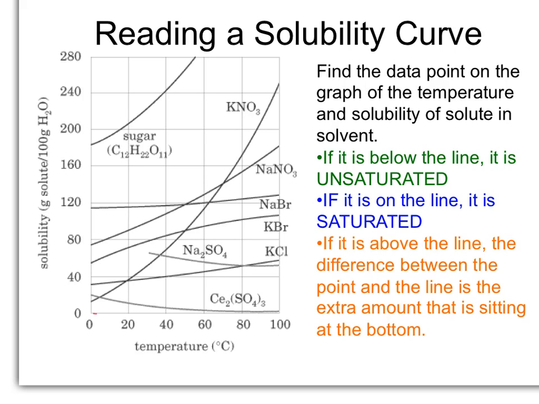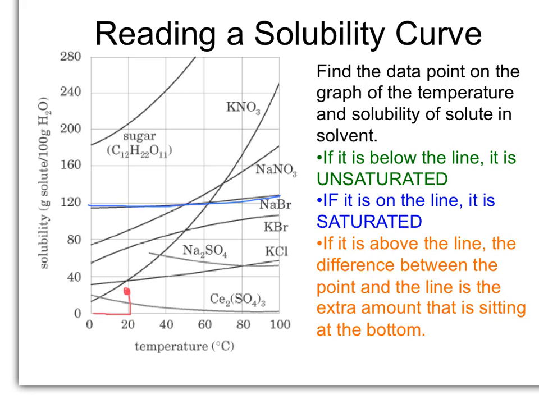So if I come over here to 20 degrees Celsius and I jump up to 20 grams, which is about right here, if I find my sodium bromide line, which is right here, you will see that that red dot, that data point, is far below the blue line.